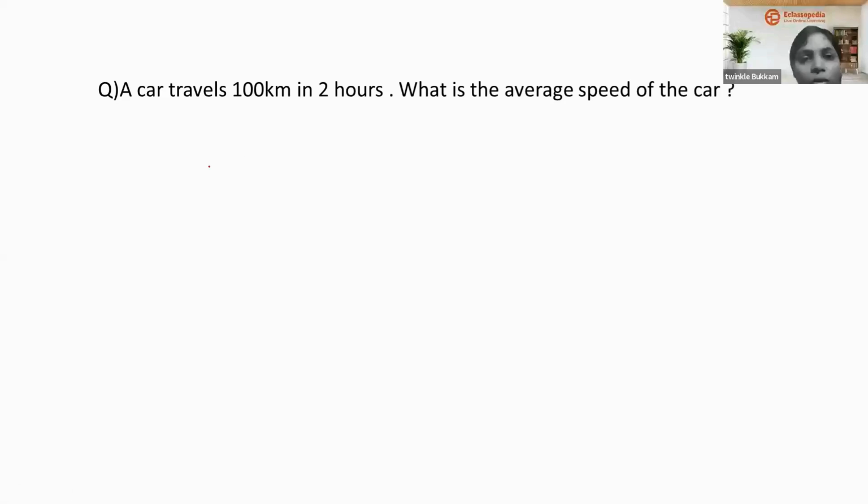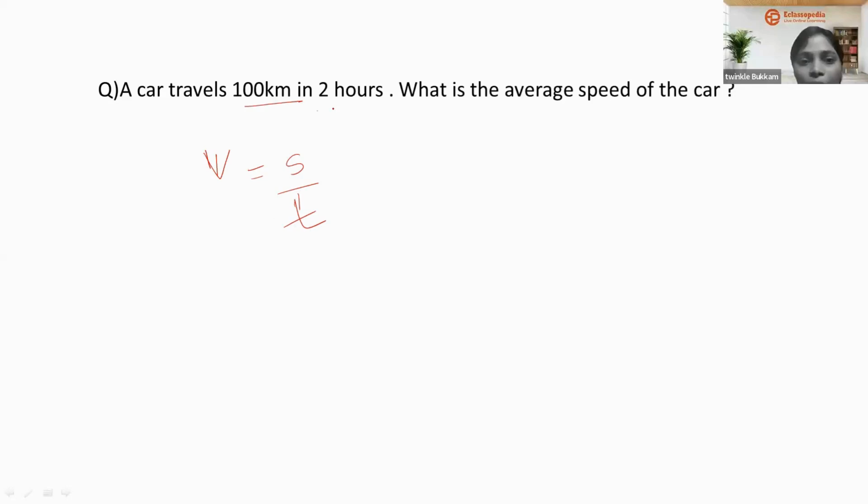So we know the formula that V is equal to distance upon time, correct? Here the distance is given as 100 kilometers and time is given as 2 hours.